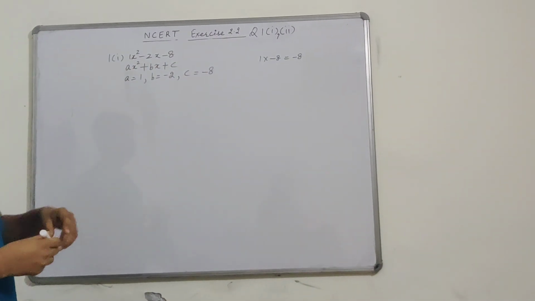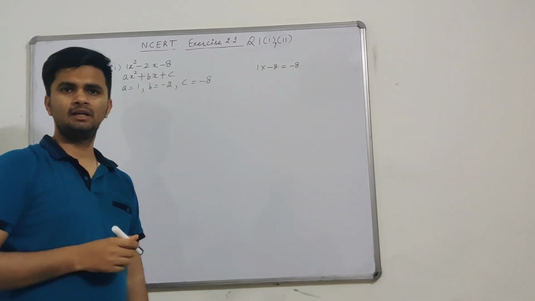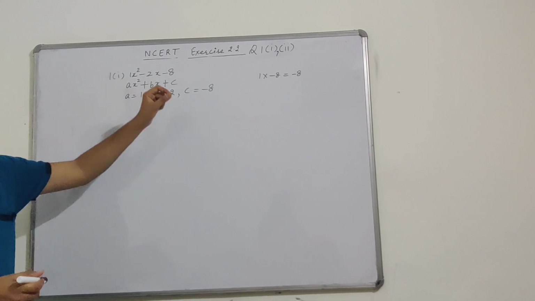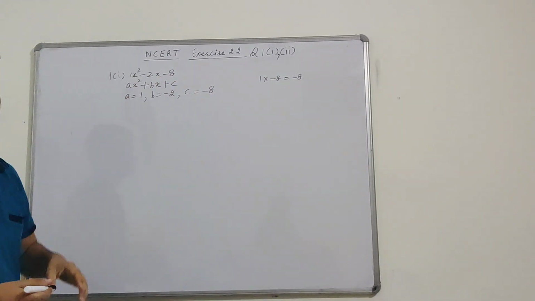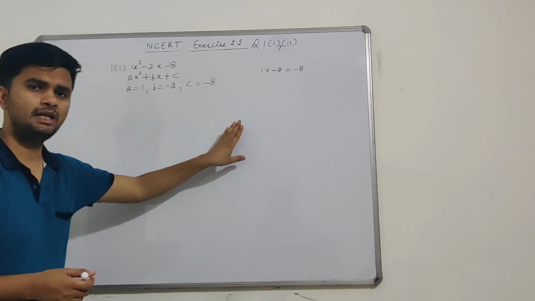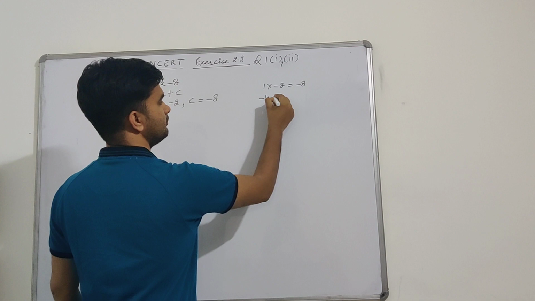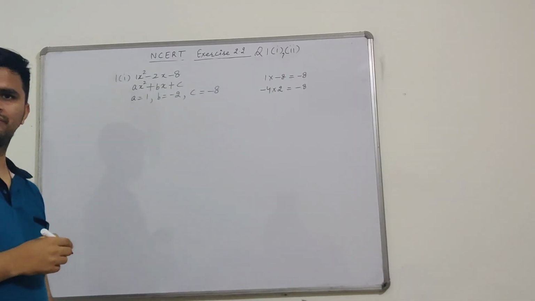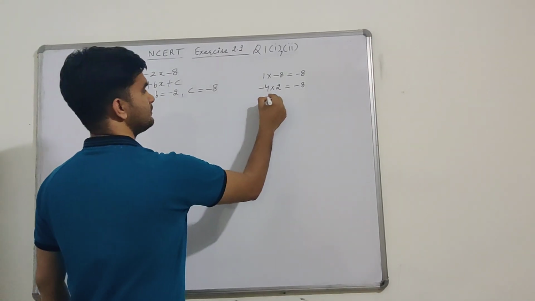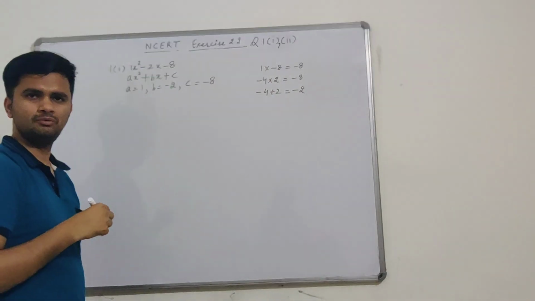Now I need two terms whose product is equal to minus 8, and after doing addition or subtraction, whatever is required here, I need minus 2. You all know about the splitting middle term method. So if I multiply 4 by 2, I will get minus 8, and minus 4 plus 2 is equal to minus 2.